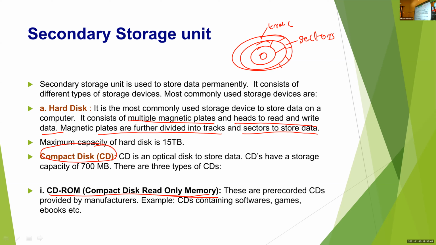That is, the manufacturers will already write the data in that CD-ROM. We can just read that content. That is just like music CDs. The manufacturers recorded that music in that CD, and we buy that CD and we can hear that music.